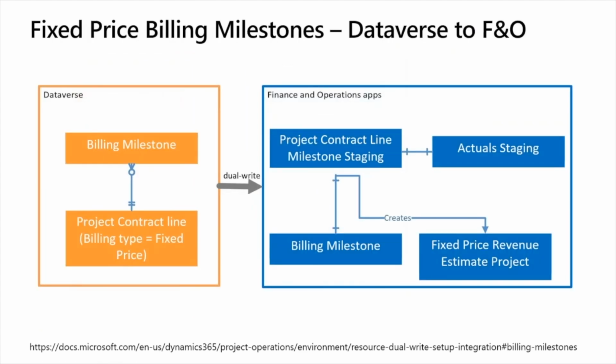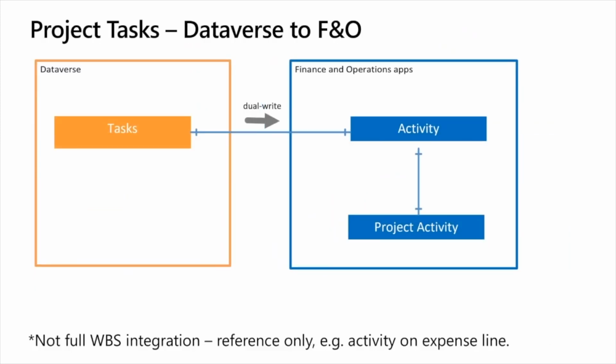This is just for reference: how billing milestones are moved, and project tasks. We do not build the WBS structure within Dynamics 365 Finance. It's only maintained within Dataverse. But tasks are copied so that they can be referenced on different activities like time and expenses.